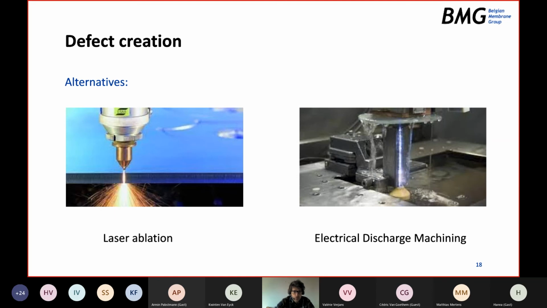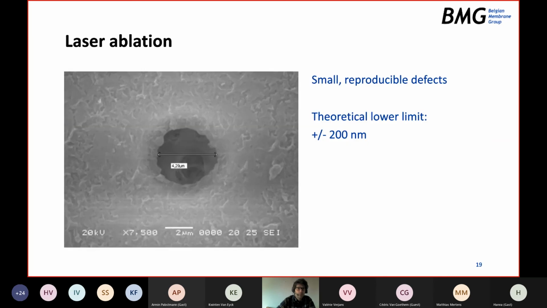Now the laser ablation, I've shown here a picture of laser cutting through steel plate. This is of course quite different from what we're doing. The laser ablation is using extremely short laser pulses, really of the picosecond or even femtosecond length, to create small bits of plasma, which then etch away a part of the material.